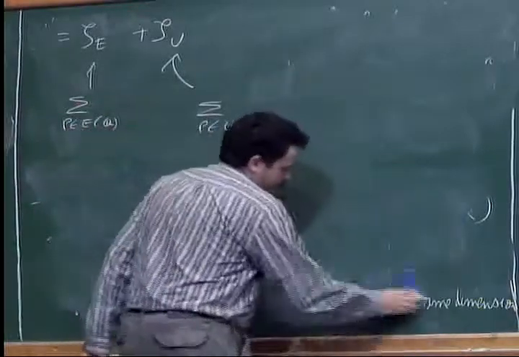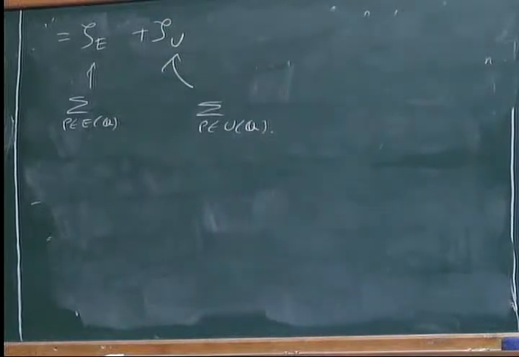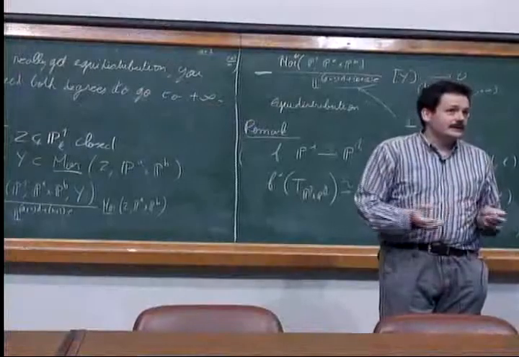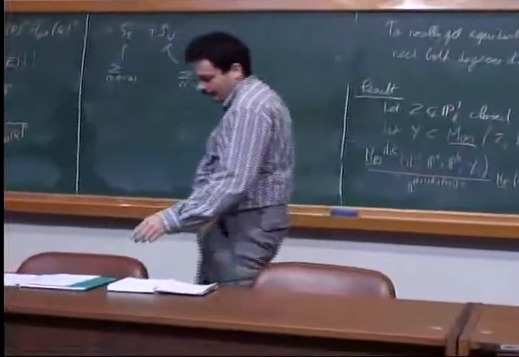Well, the component of this sum corresponding to E is quite easy to understand because, in fact, E, as I said, is isomorphic to P1. And if you look at the height, it is simply, up to a small transformation, the height of P1.